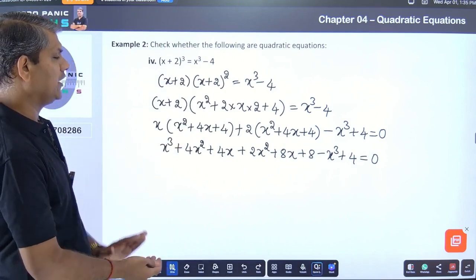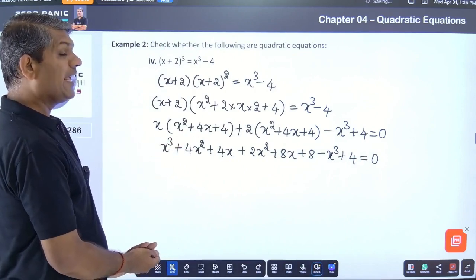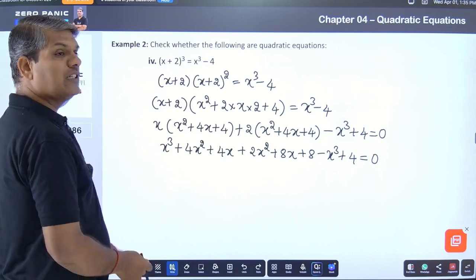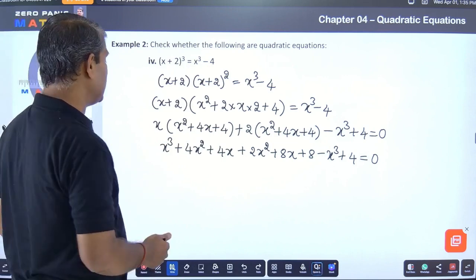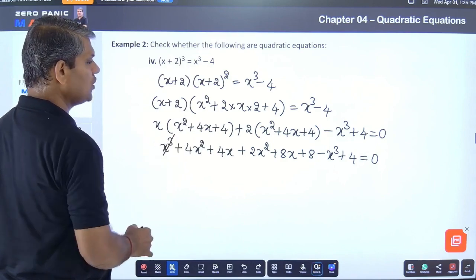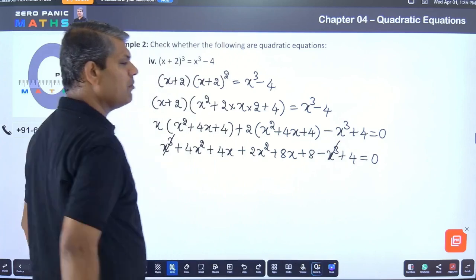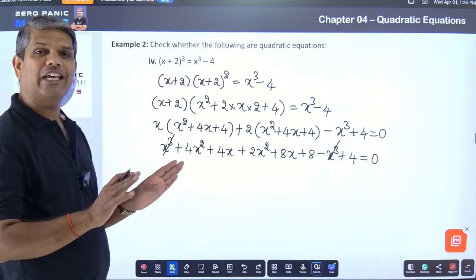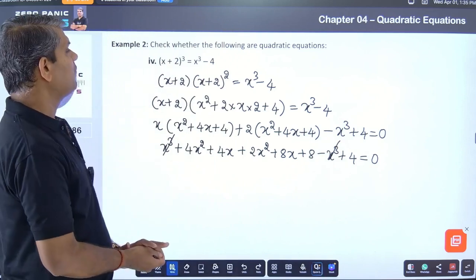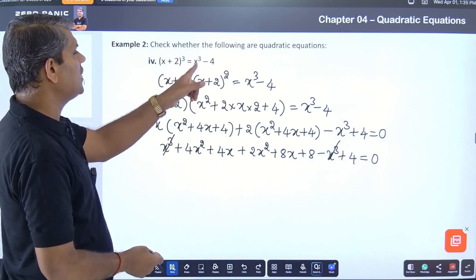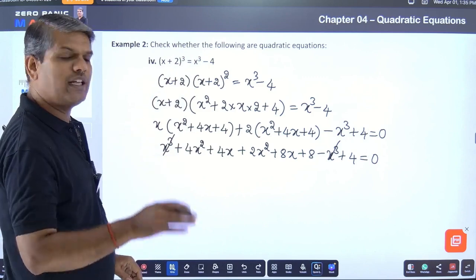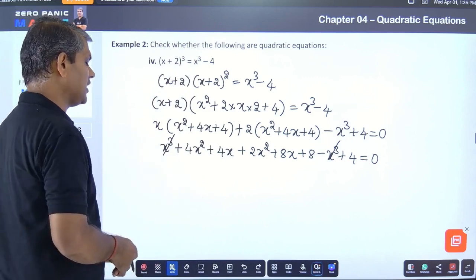Hope this is all correct. Now let us cancel any terms with opposite signs. We have the term x cube with the opposite term minus x cube, and plus x cube got cancelled. This is the reason I told you, just by looking at the power 3, don't decide, because it might get cancelled later.